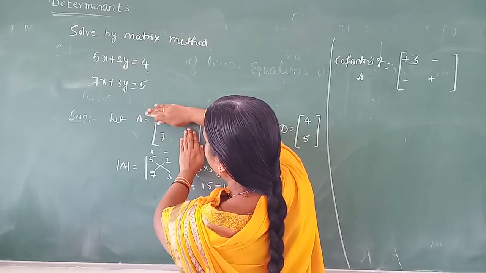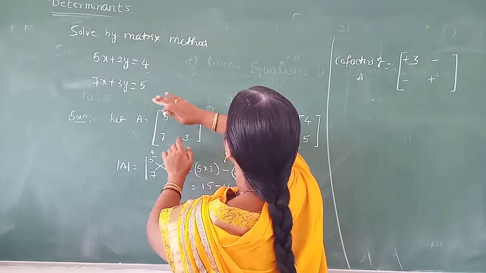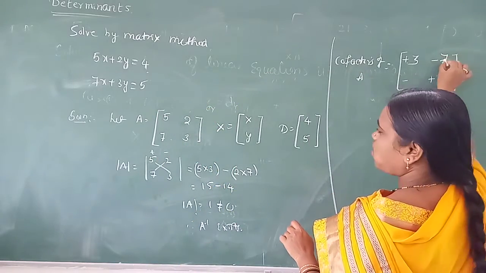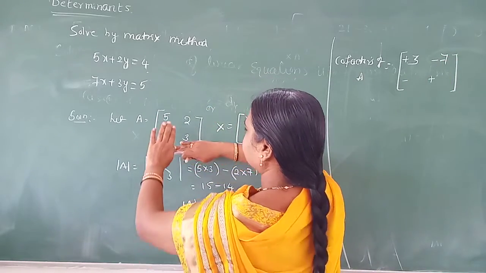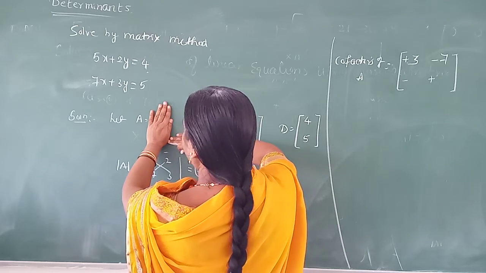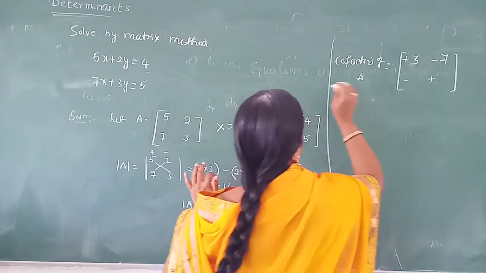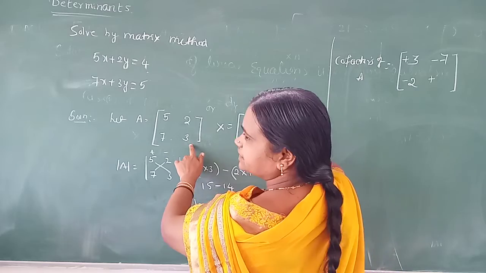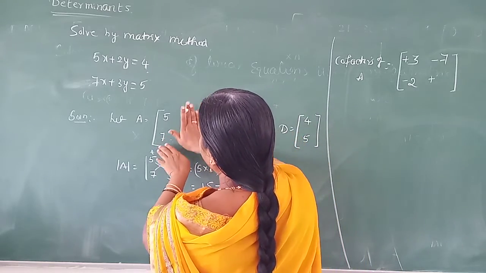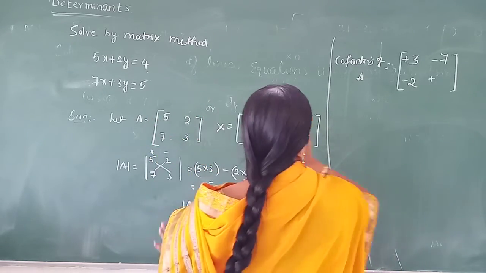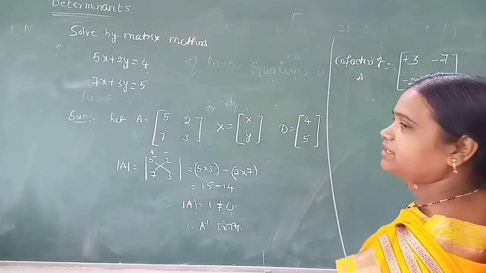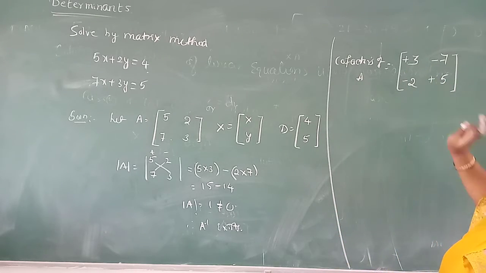For 2, remove the corresponding row and column; what you get is 7. For 7, remove the corresponding row and column; what you get is 2. And for 3, remove the corresponding row and column; what you get is 5. And already I multiplied plus minus minus plus. This is the cofactors of A.